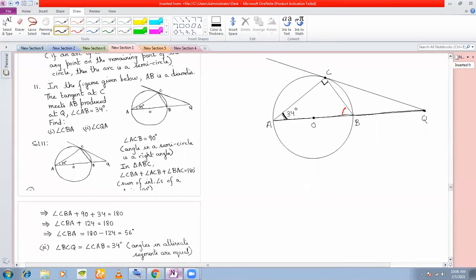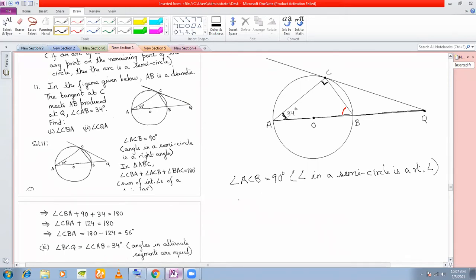Therefore, this must be 90 degree. We will write angle ACB is equal to 90 degree because angle in a semicircle is a right angle.